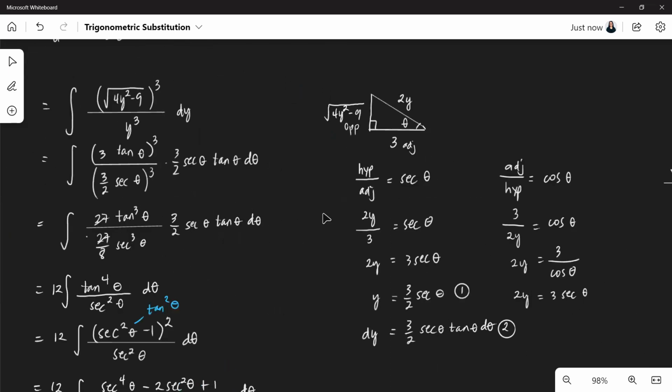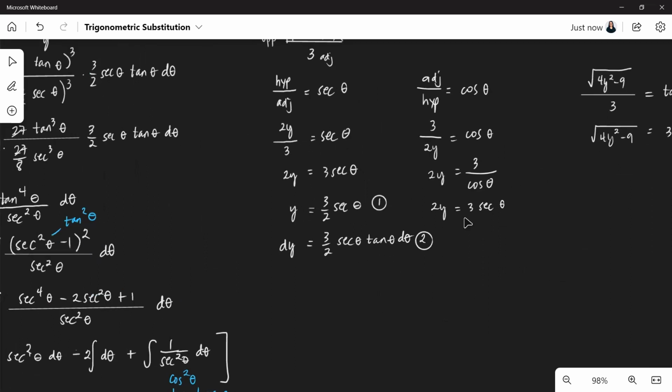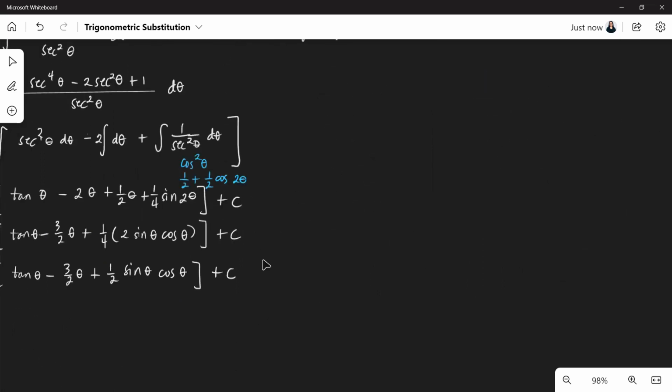Then we return the original variable. Tangent theta. So we don't have a tangent theta here yet. So there's a tangent theta from equation 3. So it's square root of 4y squared minus 9 all over 3.